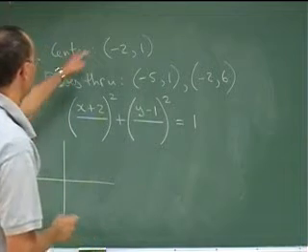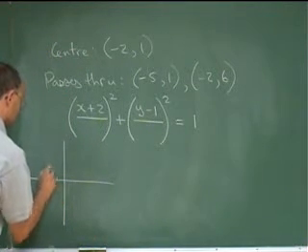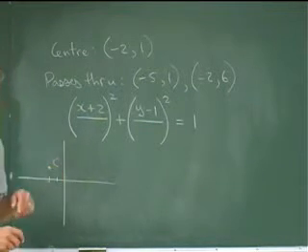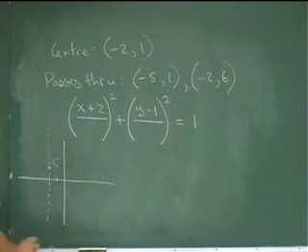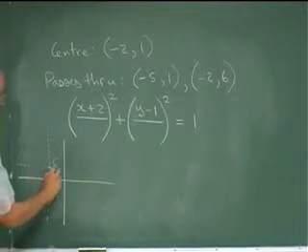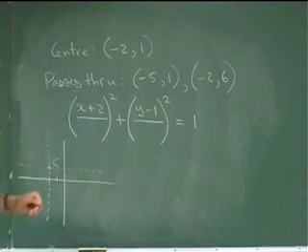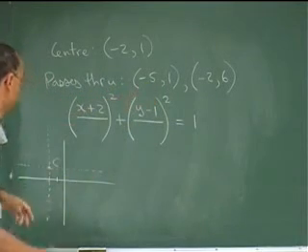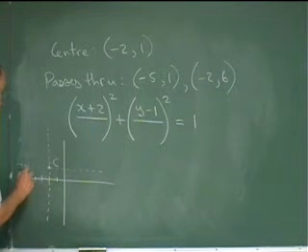Our center is at -2, 1. So I'm going to put a dot there. I'm going to put a little C next to it, indicating that's the center. So that means that we shifted 2 to the left and up 1. Then we have these points here. Well, let's have a look at what these points are providing us. -5, 1. So I'm going to go, this is -1, 2, 3, 4, 5, and up 1.